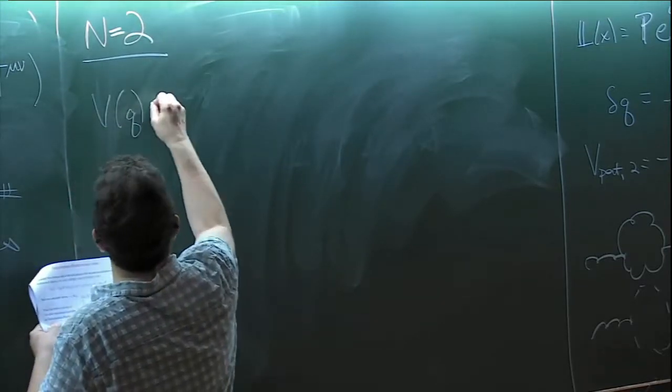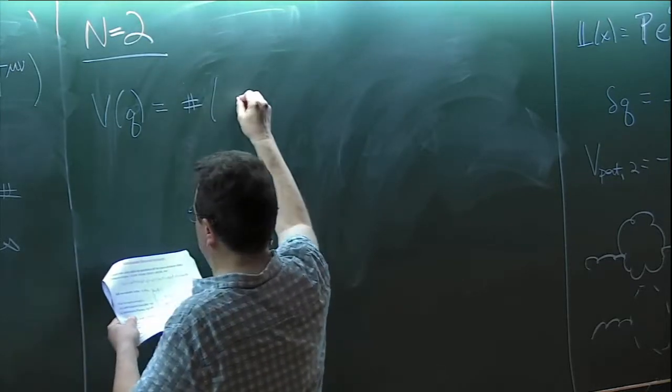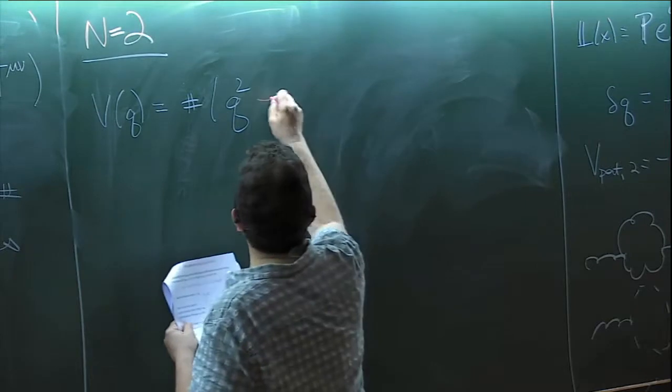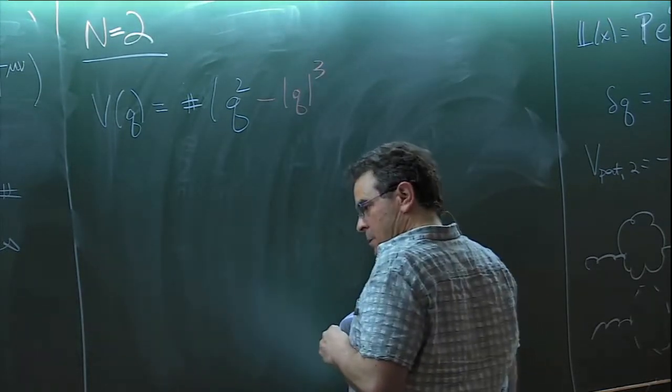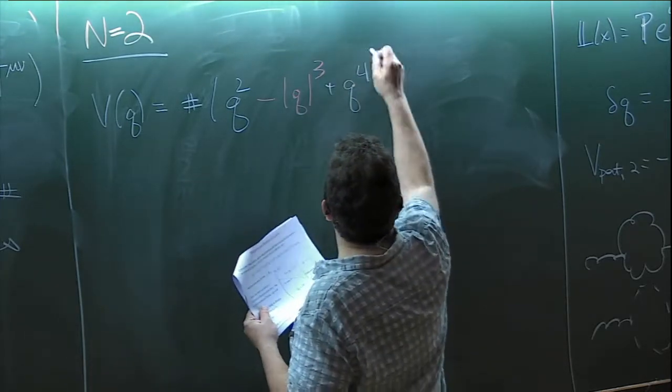I won't draw the phase diagram. This is some number, and then remember the potential was Q squared, and then it's minus absolute value of Q cubed plus Q to the 4th.